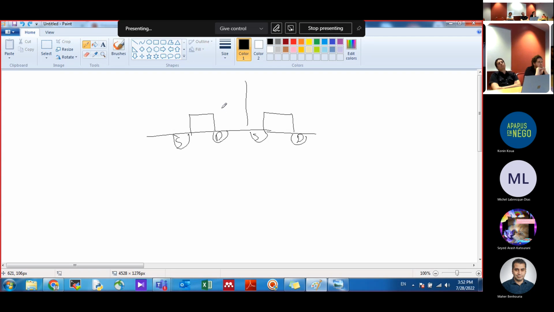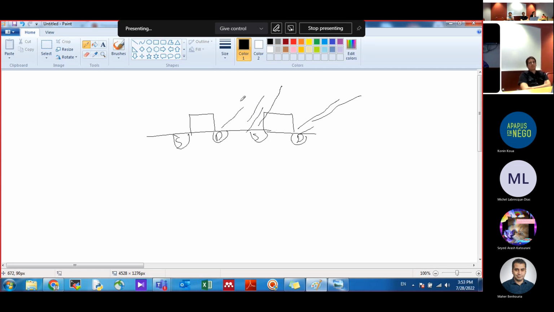It's going to be a little tilted, so I'm going to exaggerate here. Here we have a good implantation. Here, not so good. Here, good. Here, not so good.